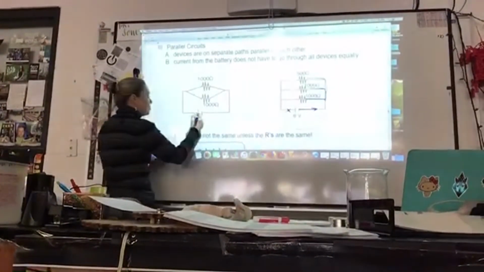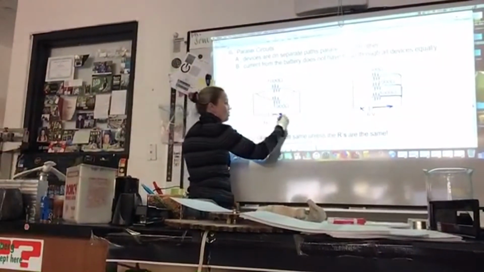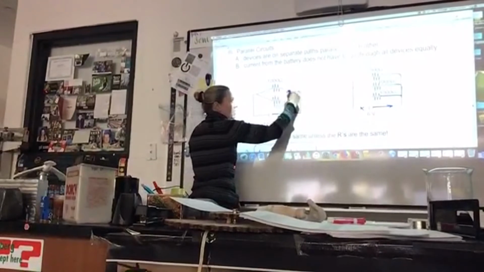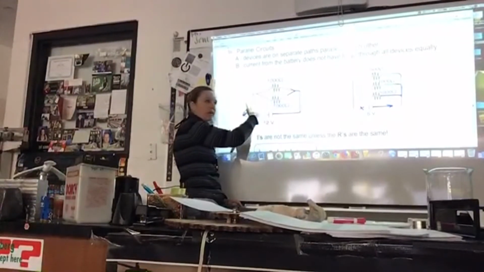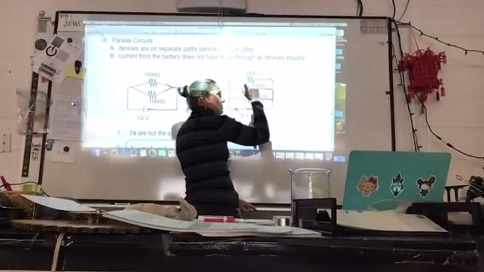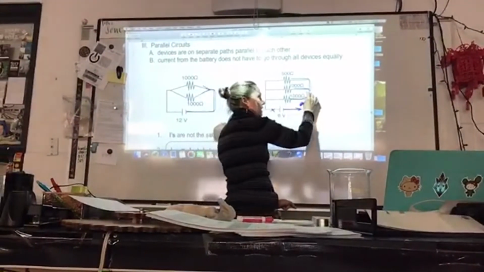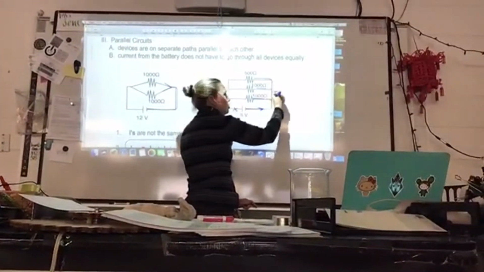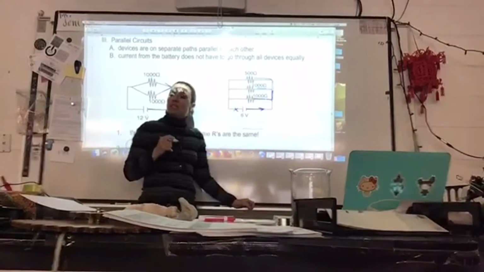Now, do you see how I wrote this one like this? When this current, it looks like it splits at one point, and the paths are the same length. The length, do you realize this is split at the same time 3 ways? And you go, no, Miss Jones, it's split, and then it's split again. Do you realize this segment of wire is going to be insignificant?